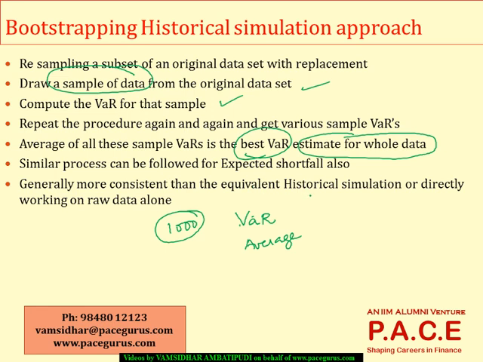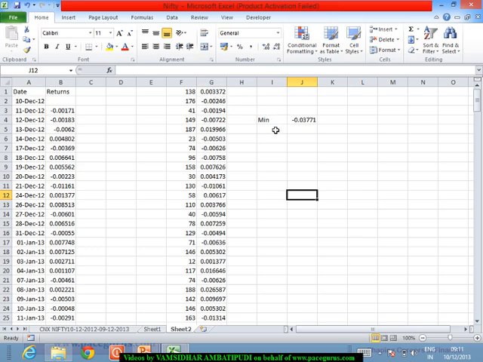The same logic you can use for the calculation of expected shortfall also. In the same way you have used the VaR, you can find out the VaR not only for 1%, you can take 2%, 3%. Instead of minimum you can take the second minimum, third minimum, the fourth smallest, fifth smallest values, which would correspond to the different VaRs at 95%, 96%, 97% confidence.